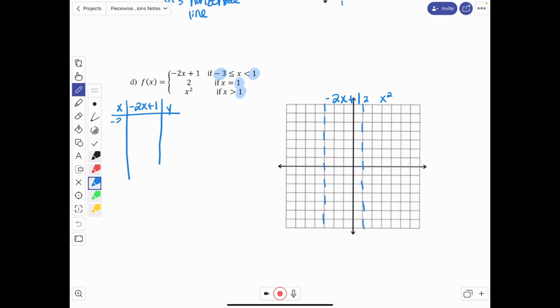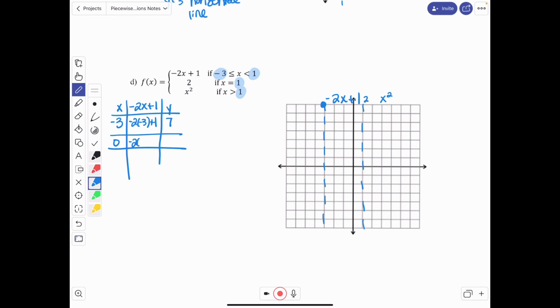I'll start with -3 because that's my starting number there. So -2 times -3 is 6. 6 plus 1 is 7. And that is a point that's filled in. Then we'll do something in between. Let's do a 0.